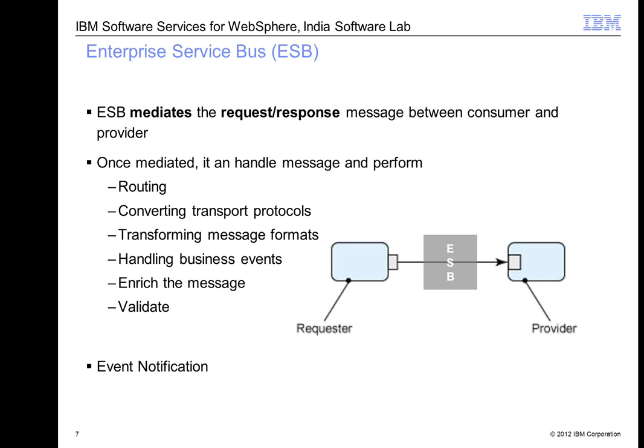Well, let's say the provider system or the source system on the right-hand side is based on SOAP over HTTP technology, and the system on the left side does not know that technology and can only understand XML over JMS.